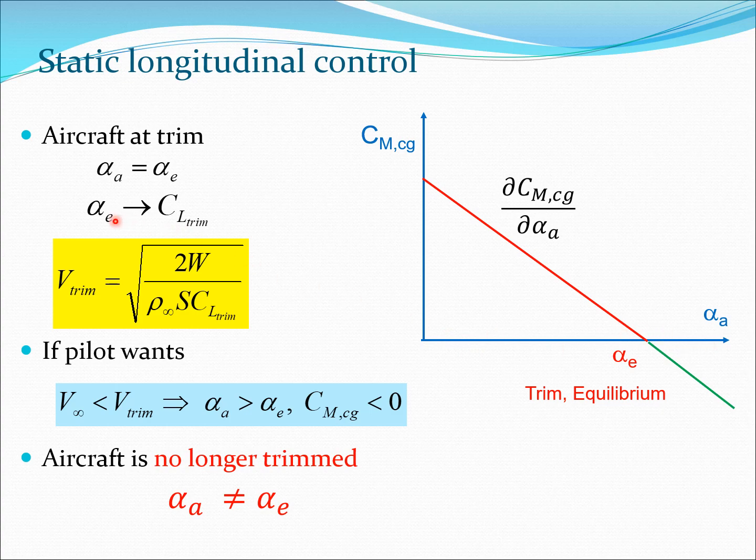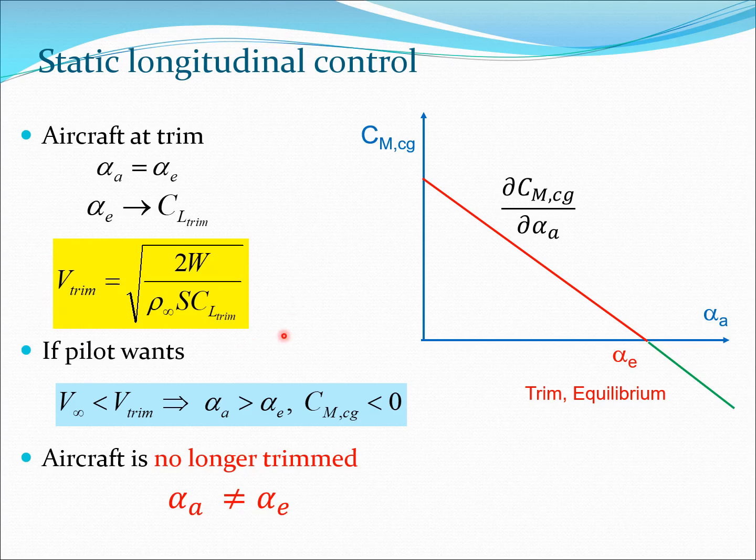Now at this point alpha E corresponds to some value of CL, which is CL trim, and you can easily obtain the relation between the velocity and CL trim given by this equation here. Remember, we are in steady level flight, so the lift is equal to the weight, and therefore I can easily obtain this relation from the definition of the lift itself, that is lift is half rho V squared into S into CL. So from that equation we obtain V trim.